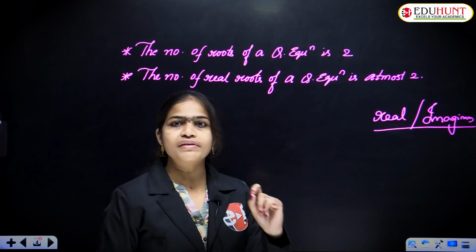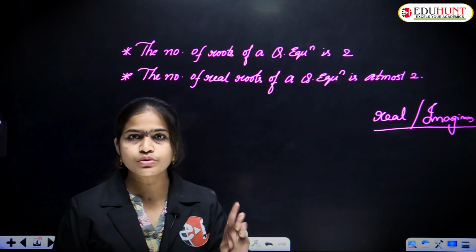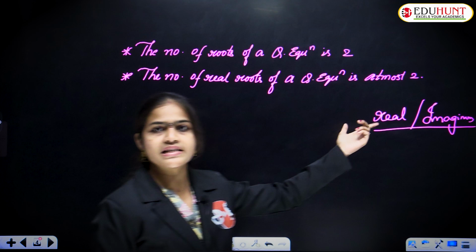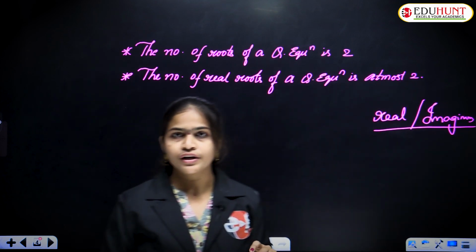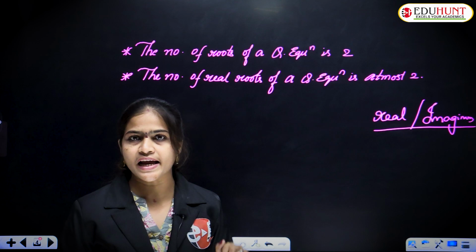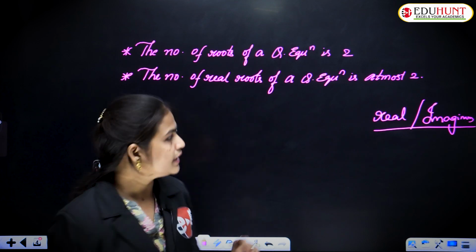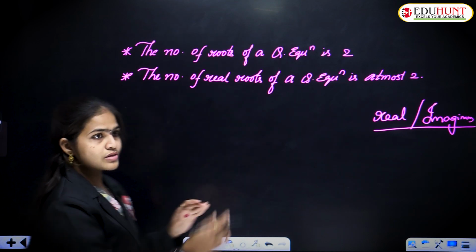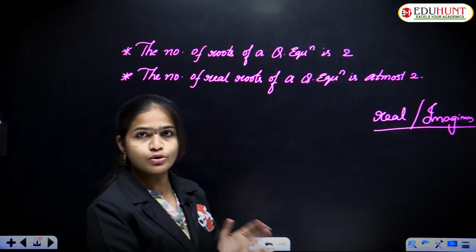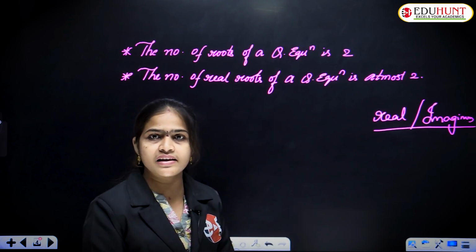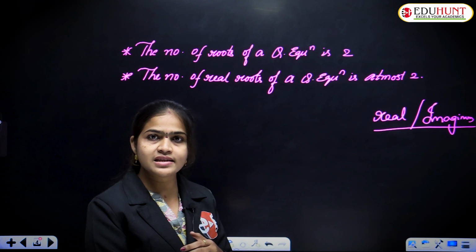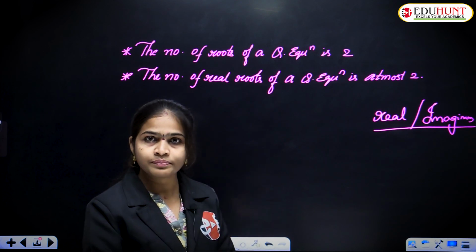We have concept 3, that is nature of the roots. In that we can identify which roots are real and which roots are imaginary. That concept I will explain in concept 3. See here, they mentioned the number of real roots only. Maybe one of the roots is real and another imaginary, or those 2 roots are imaginary, or those 2 roots are real.